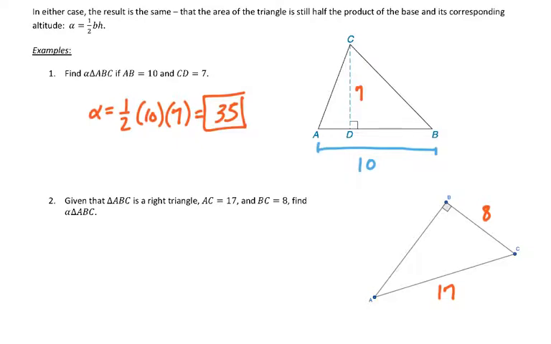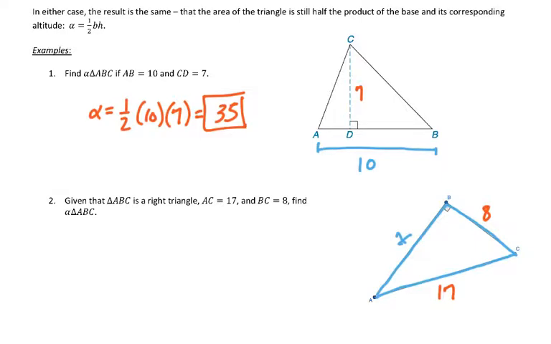If I'm looking at a right triangle, its legs are always perpendicular to each other. So in order to find the area here, I could do a lot of work by drawing in the altitude from B and figuring out all these proportions, or I could use the Pythagorean theorem to figure out this side x and use x and 8 as the perpendicular altitude and its corresponding base.